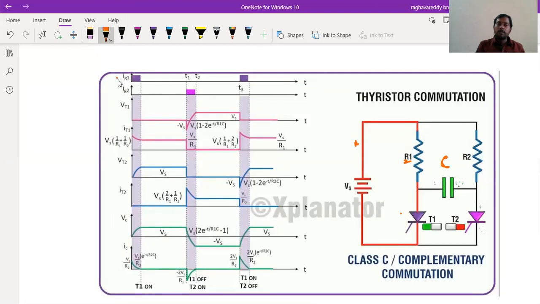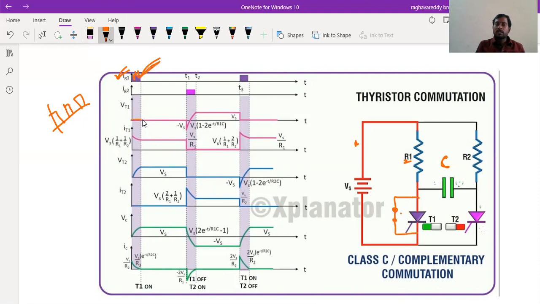If you give the gate pulse to thyristor T1, the gate pulse is a short duration of time. These are the pulses. This short duration pulse is applied to thyristor T1, and it will be treated as short circuited.